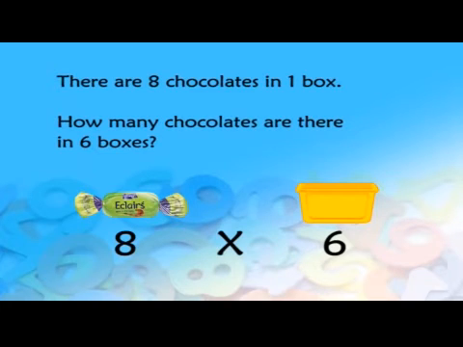So help them to find out the relation between chocolates and boxes. They have been given the number in one box. Now they have to find out the number in 6 boxes. The answer is 48. So that is how we go ahead with the statement sums or the story sums with division and addition and subtraction.